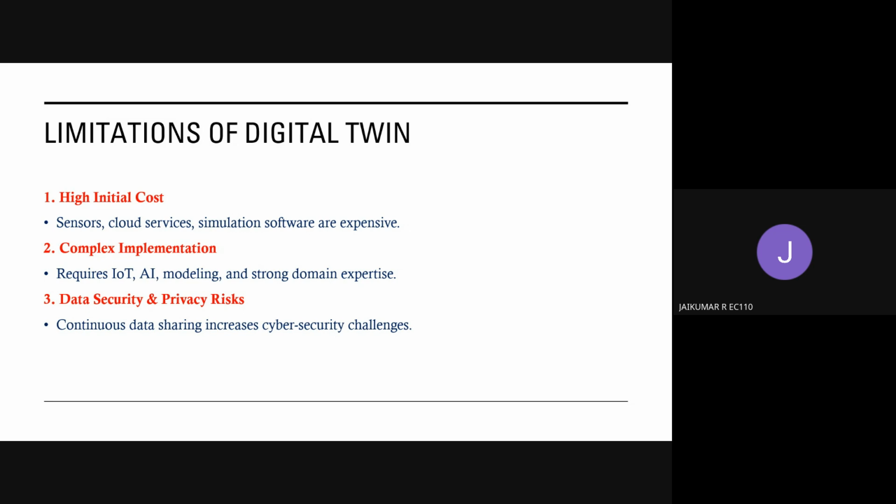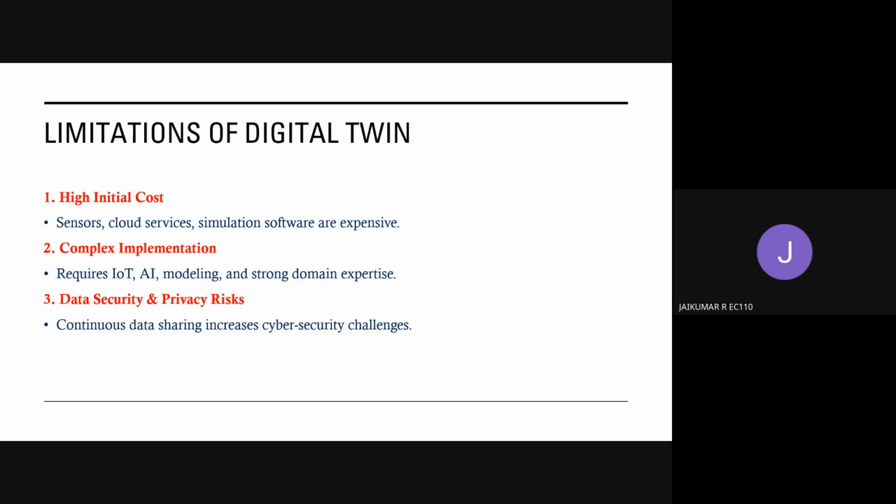And the drawbacks. So far we have seen many advantages of digital twin, but we have some limitations too. The first drawback is high initial cost, because as I mentioned, we are getting the data of the machine with the use of sensors, and that data will feed to the cloud service, and we need to have some kind of simulation software in the cloud.